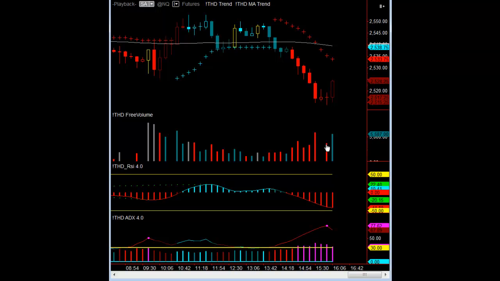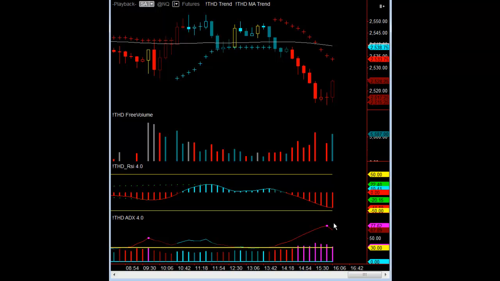Now this divergence to me is quite different than the divergence we had over here, and the reason is very simple. You have an RSI that is right at 50, and you also had an ADX that was at 77 when it made the magenta peak.